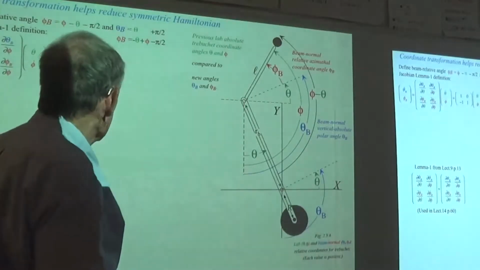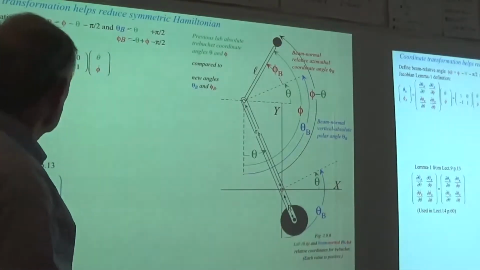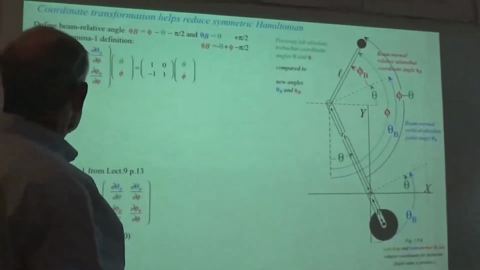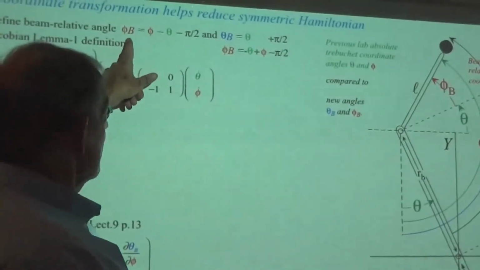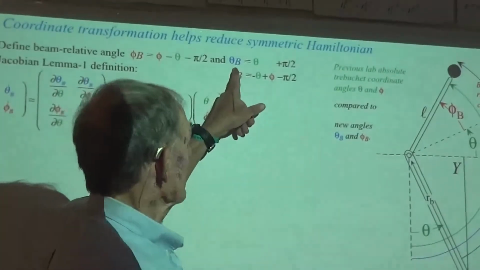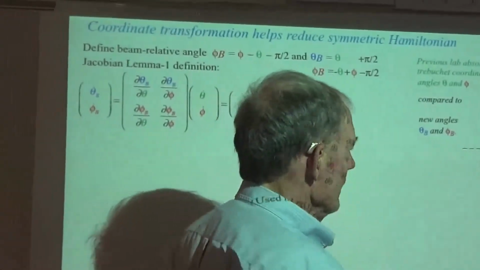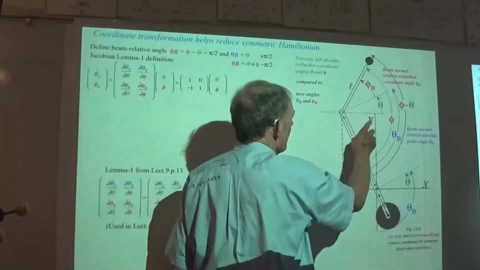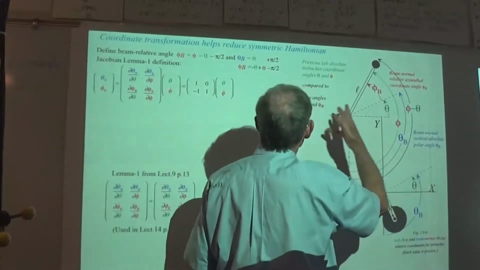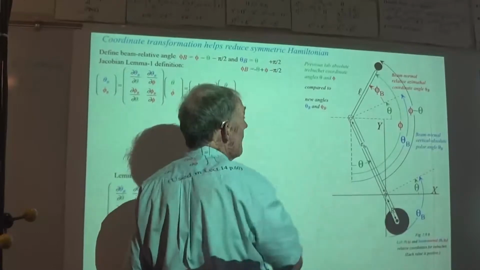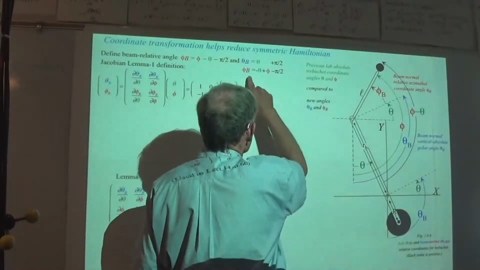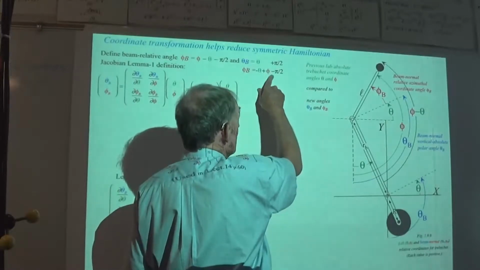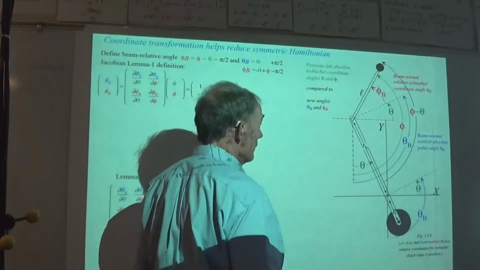And how do you handle that when you're doing canonical mechanics like we are? We have here definitions of this. I'm going to make a theta b right here, be the phi here plus pi over 2. Okay, so, and then I'm going to have this thing be the difference between those two minus pi over 2.